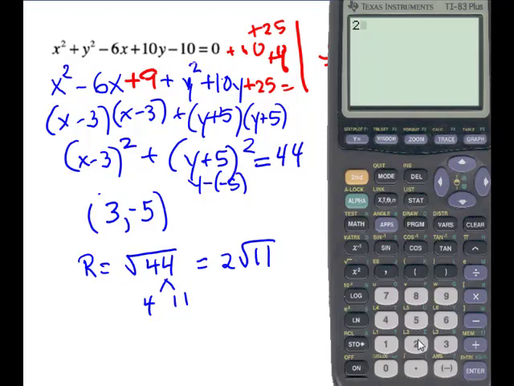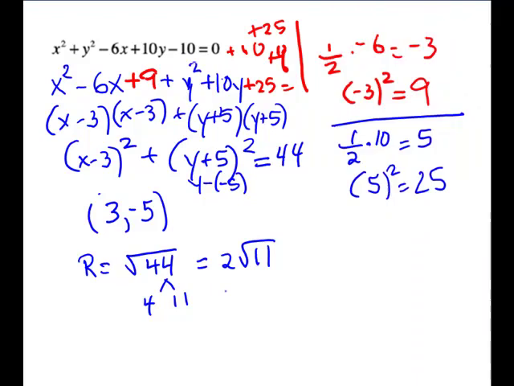So I have 2 times square root of 11, close, enter, 6.63. So I'm going to round it just to 6.6. And it's going to be approximate then.